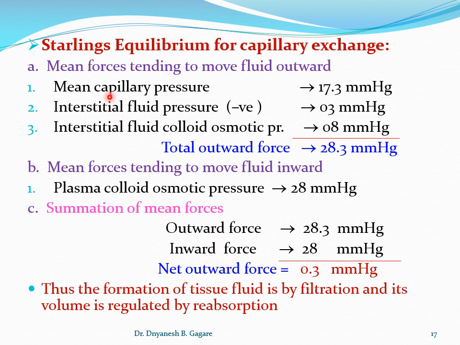Suppose hydrostatic pressure बढ़ गया capillary में, so there will be more outward force, that is net filtration will increase. If plasma colloid osmotic pressure is decreased, you know the plasma colloid osmotic pressure is 28, अगर protein concentration कम हो गया, plasma proteins कम हो गया, तो what will happen? The 28 figure will be decreased, and it will affect the filtration of the fluid.